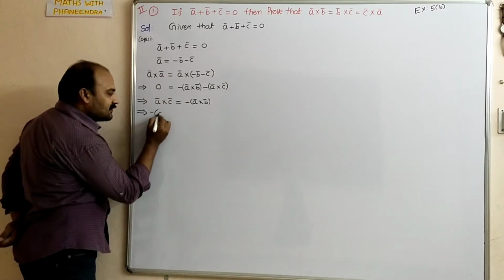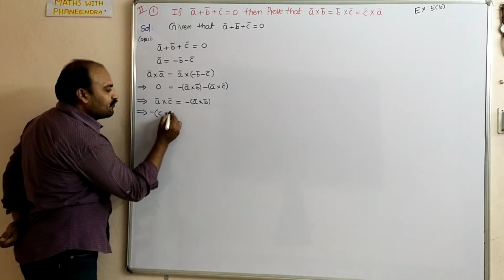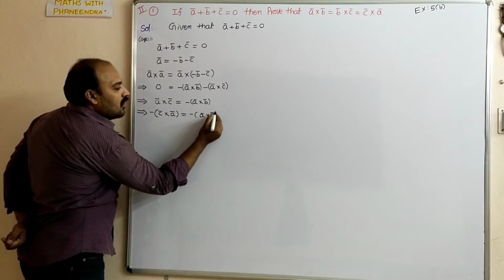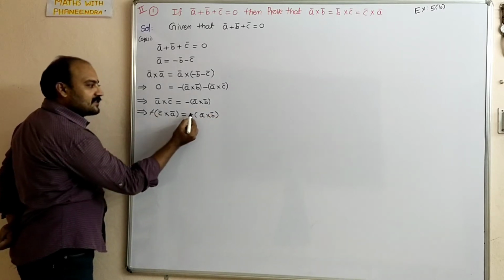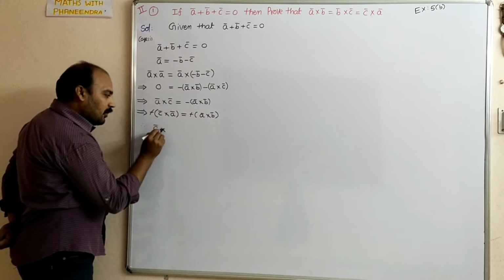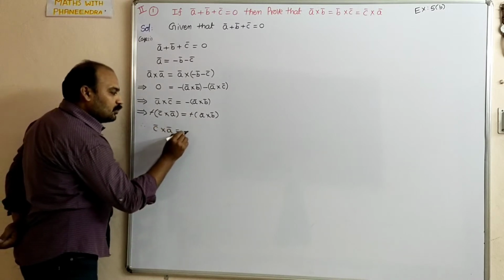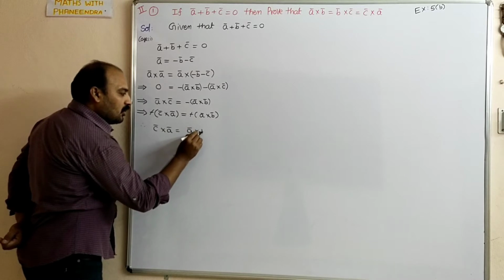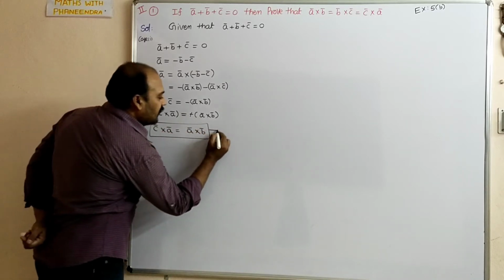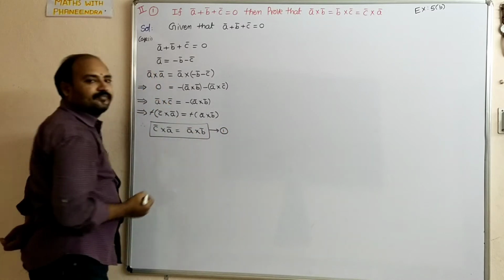So, minus of c bar cross a bar is equal to minus of a bar cross b bar. On both sides, minus minus get cancelled. We will get c bar cross a bar equal to a bar cross b bar. This is equation number 1. In case 1, we got it.